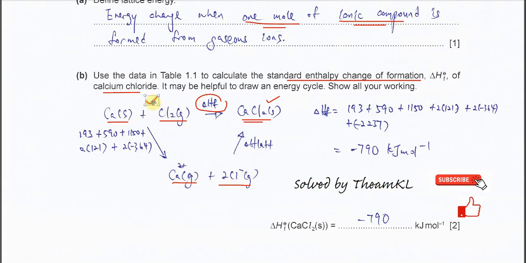If you understand how the thing works and how they relate together, then we can start the calculation, because the main purpose for part B is to find this formation. So we need to get the sum of enthalpies in this part and the lattice energy.